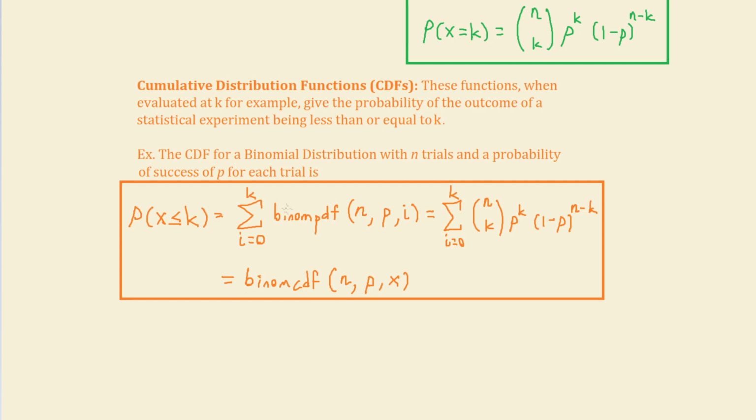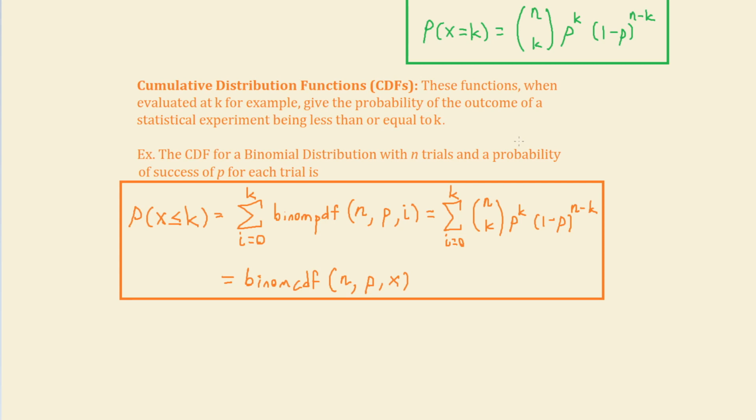Or if you didn't want to do all of that math, you could input on your calculator the binomial CDF function, which will give you exactly this right here. It will give you the sum of all of those. Or if you prefer not to use a calculator, you could just sum this formula up here, evaluated at all of the possible outcomes less than or equal to whatever your input to the cumulative distribution function is.